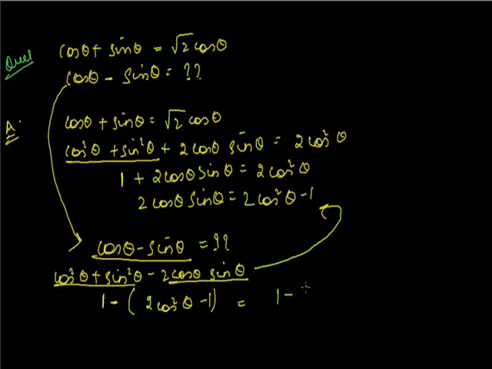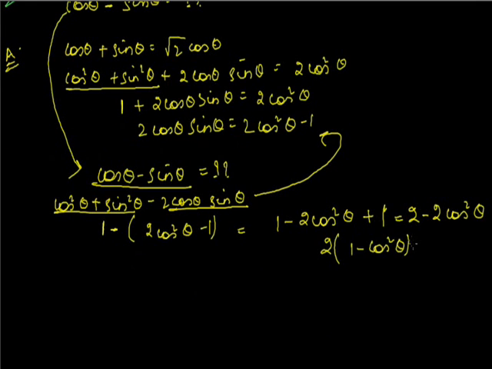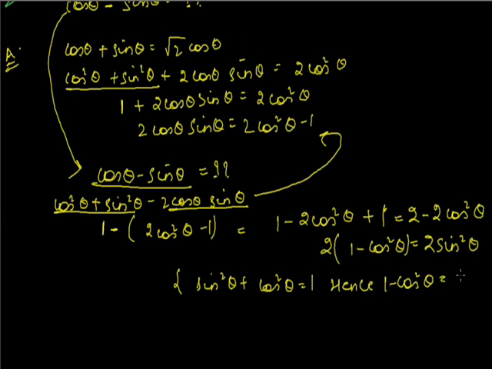This will be 1 minus 2 cos square theta plus 1, which is 2 minus 2 cos square theta, or I can say 2 common, 1 minus cos square theta. I know that 1 minus cos square theta is sin square theta, as the identity says, sin square theta plus cos square theta is equal to 1. Hence, 1 minus cos square theta becomes sin square theta. Now, by taking the square root, I'll be obtaining the answer as root 2 sin theta, which is the value of cos theta minus sin theta.